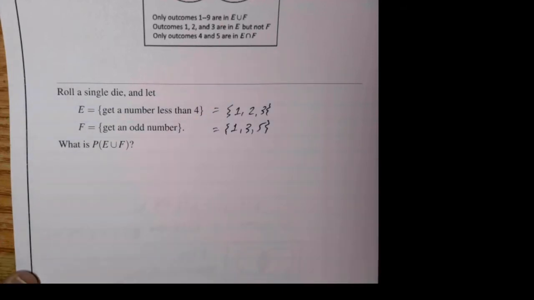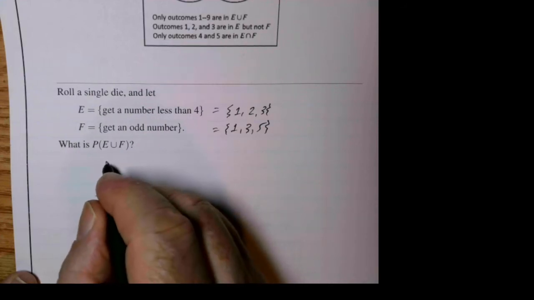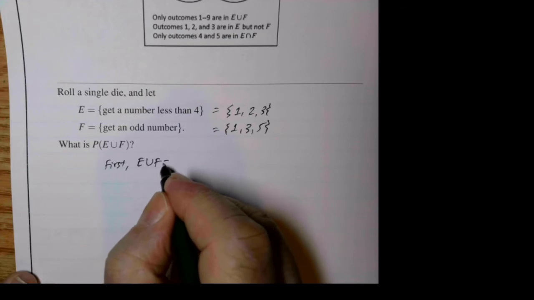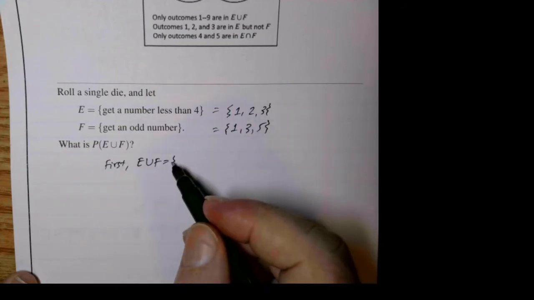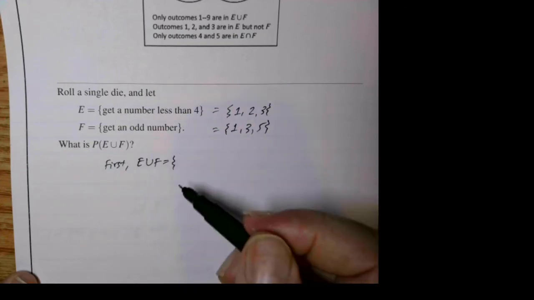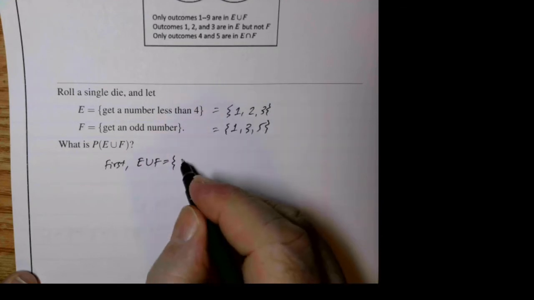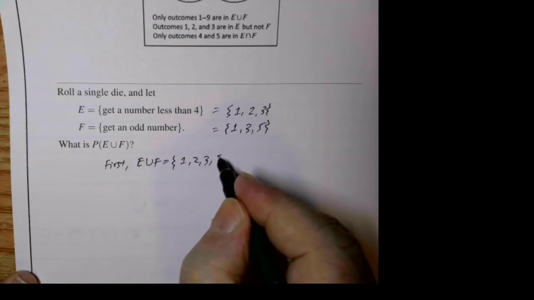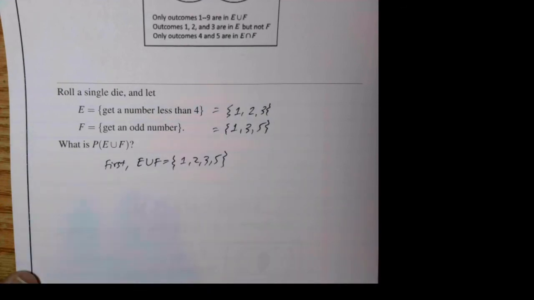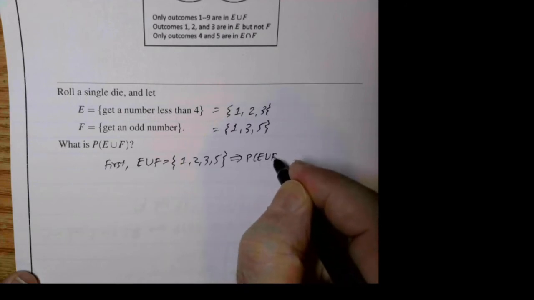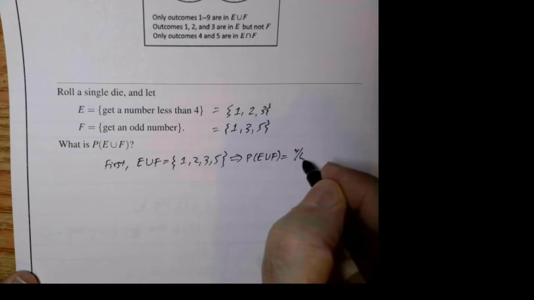I want to do this two different ways. First, I can compute this directly in this case. E union F contains all the outcomes that are in E or in F or in both. So that would be 1, 2, 3, and 5. All the outcomes here are equally likely, and there are 6 of them. So that says the probability of E union F is 4/6.